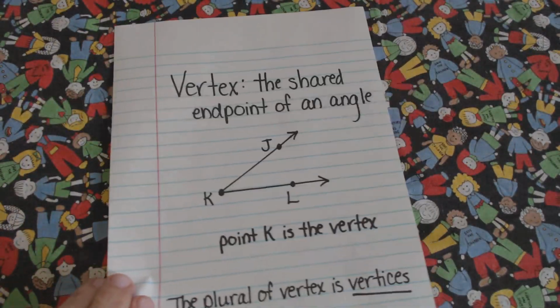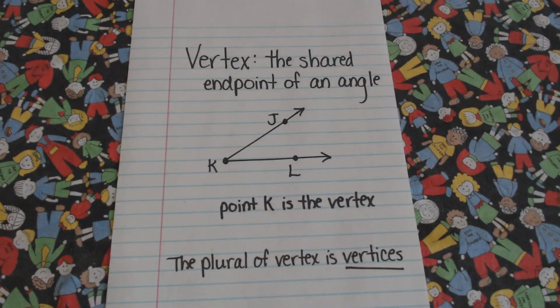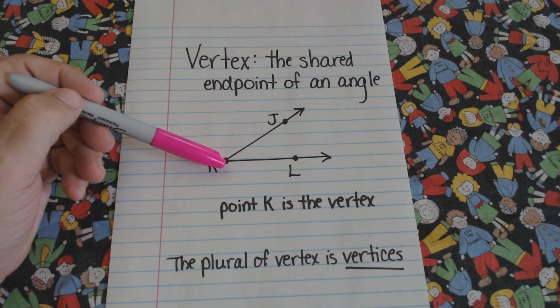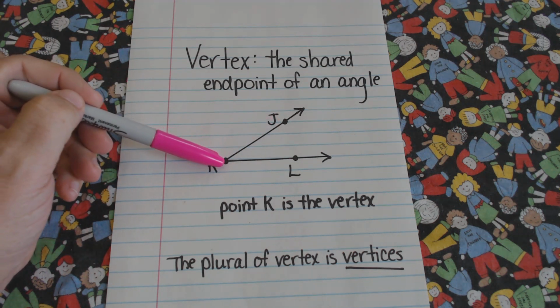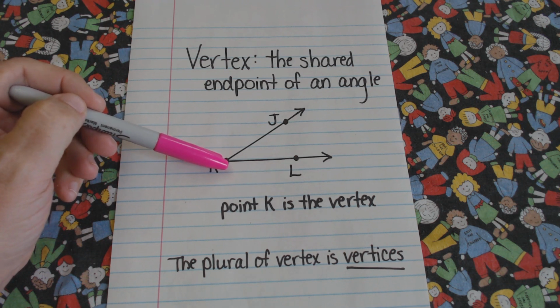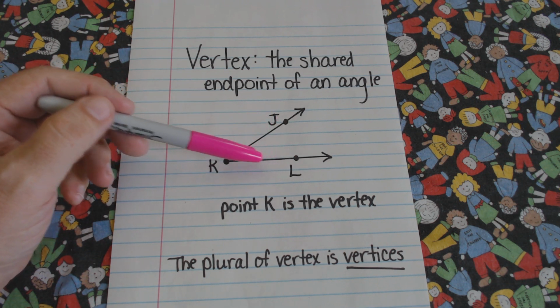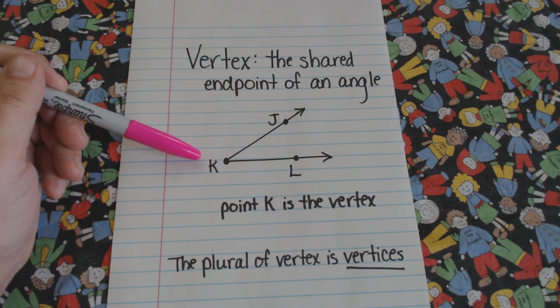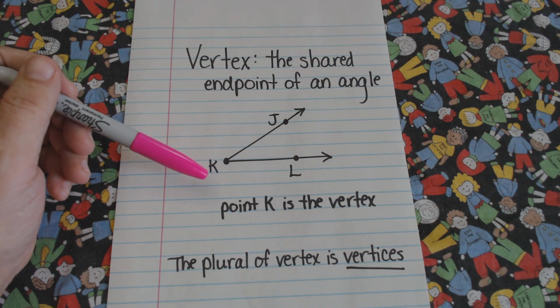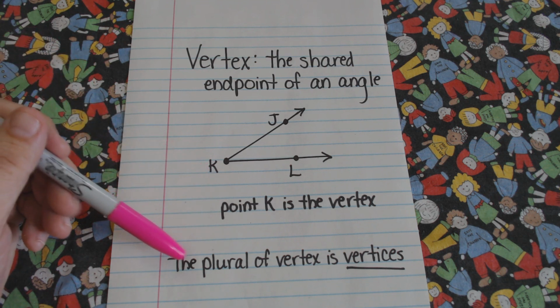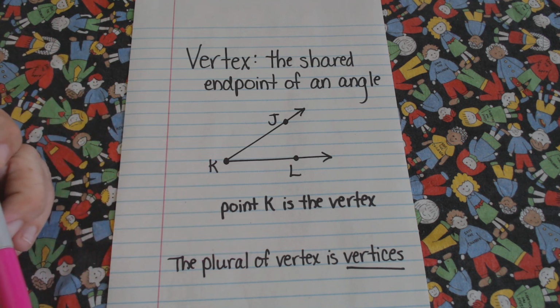Just to mention, the vertex is the shared endpoint of an angle. So ray KJ and ray KL have the same endpoint K. That forms this angle. And point K would be considered the vertex of the angle. Okay? And just so we know, the plural of vertex is vertices.